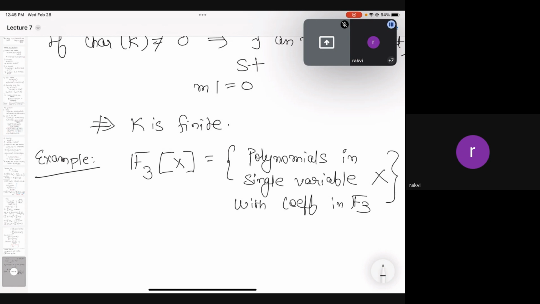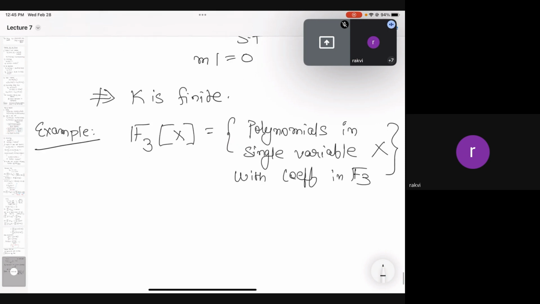Now we can add and multiply here, but we cannot really divide, so this is not yet a field. But we can take its quotient field.